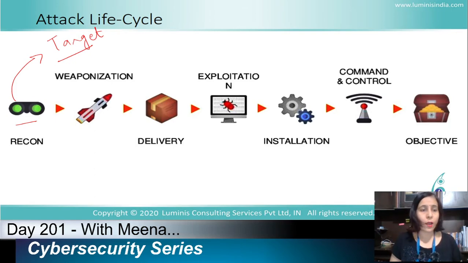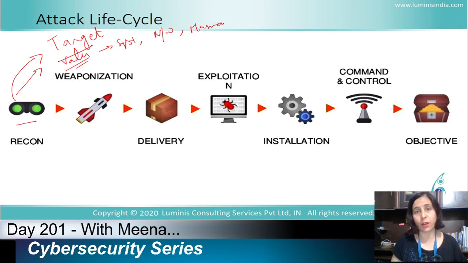So when they find this information about the target, they can recognize what type of vulnerabilities exist, whether on their system, on the network, or as a human weakness as well.